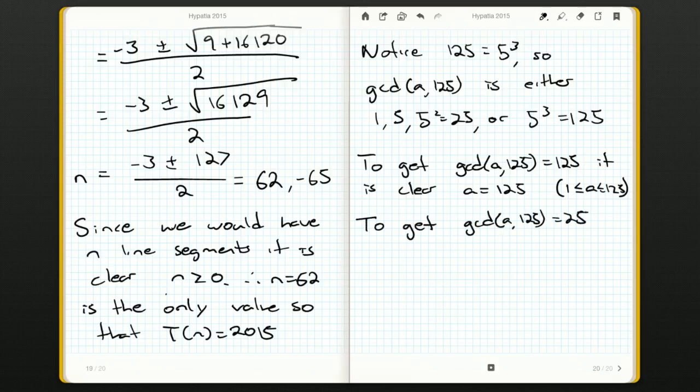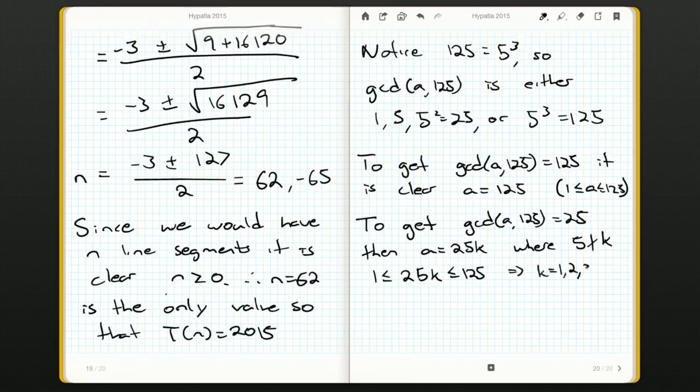Now, if we want a GCD of 25, a greatest common divisor of 25, then a is going to look something like 25k, where 5 does not divide k. So k could be 1, it could be 2, it could be 3, it could be 4, or it could be 5.